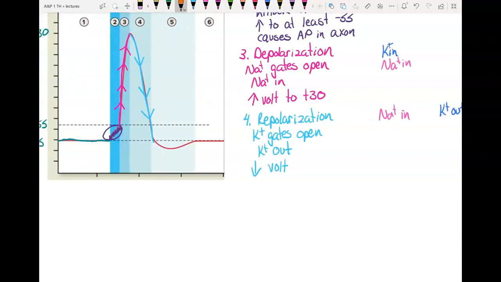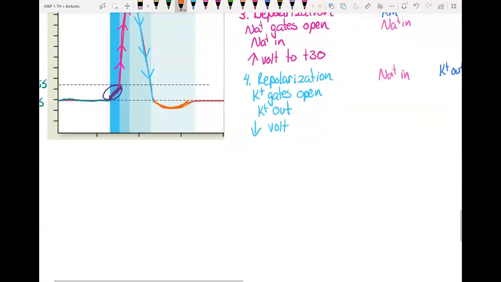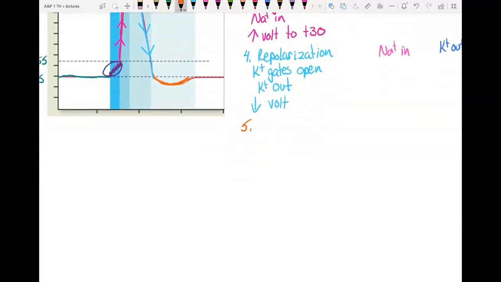The next part here, see we have this dip kind of below your resting membrane potential. That is hyperpolarization. Okay, remember that hyper means more. So this means that it is more negative. So think about how you would get it more negative.